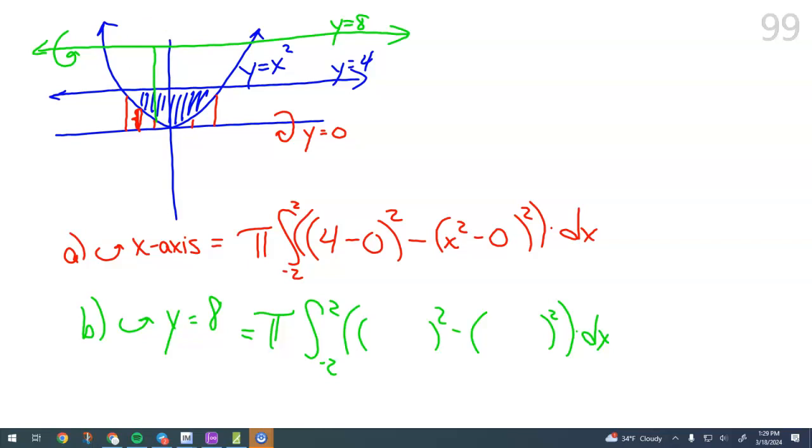So y equals 4 is closer. The one that I come to second is farther. So which equation is farther away from the axis of revolution? Y equals x squared. And what is the distance between the axis of revolution and this curve? Top minus bottom. 8 minus x squared.